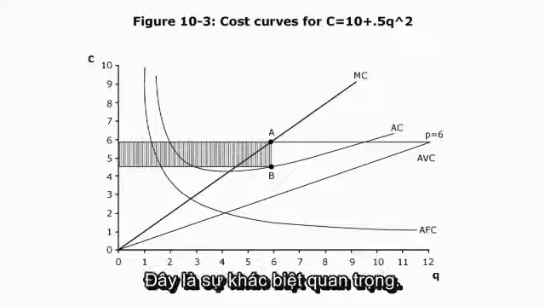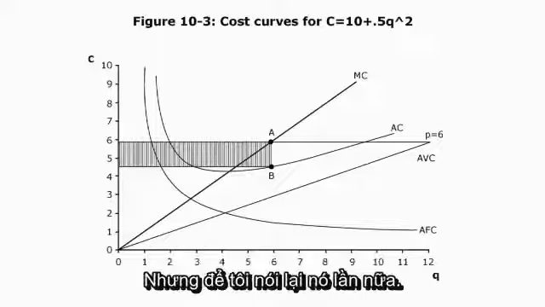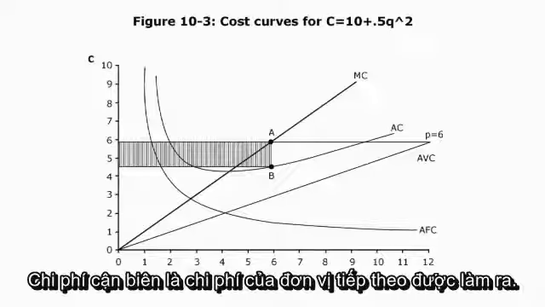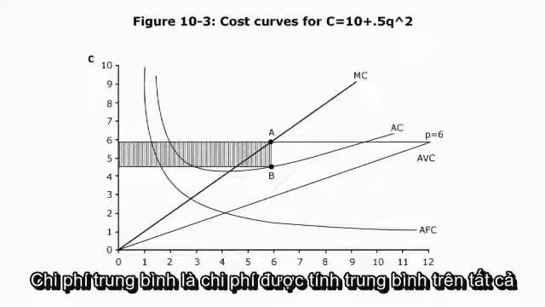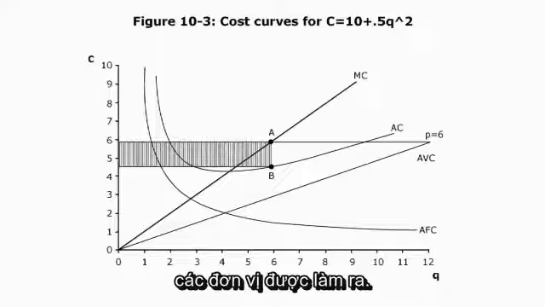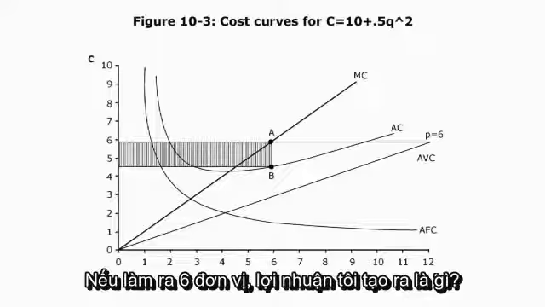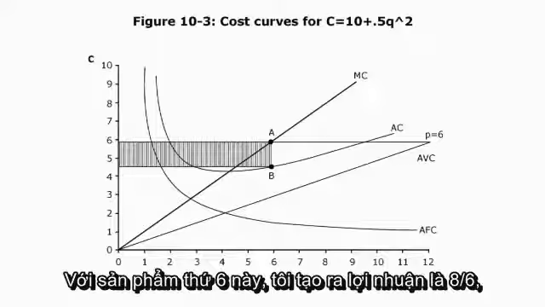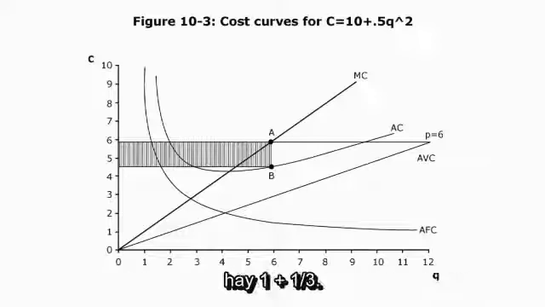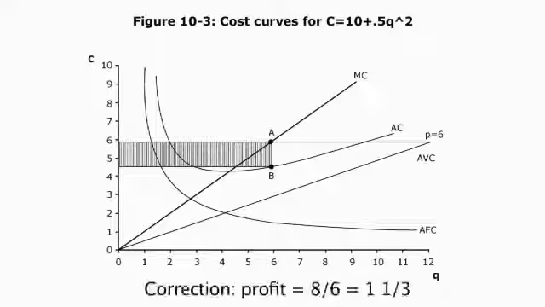Okay? Now, it's an important distinction. We went over this in lecture and section, but let me go through it again. Marginal cost is the cost of the next unit. Average cost is the average cost of all the units you've made. So if I make 6 units, what profit do I make? Well, on that 6th unit, I make profit of 8 divided by 6, so 1 1/4.